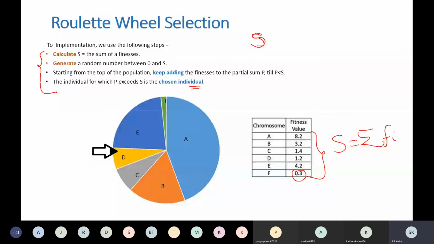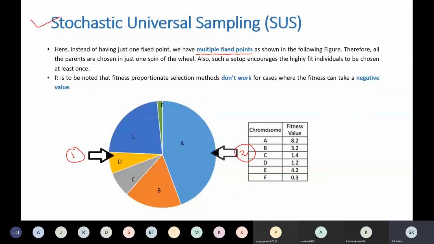That will not happen in the stochastic universal sampling method. So in one spin you can select chromosomes. Not only that, such a mechanism encourages highly fit individuals to be selected at least once.